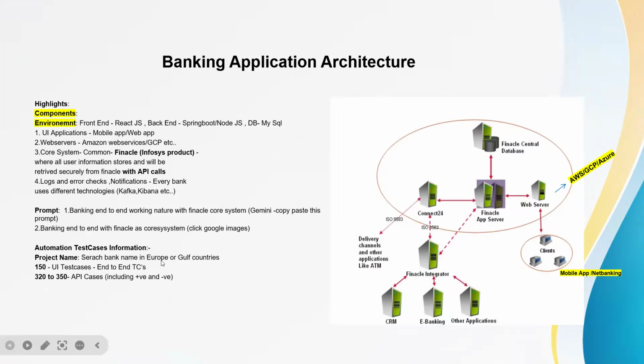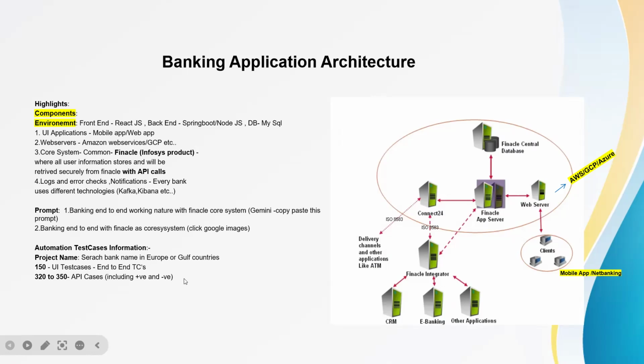Whenever we mention this automation information, for the project name, if you want to keep some banking name, just pick some unknown bank present in Europe or the Gulf countries, and say that I automated 150 UI end-to-end test cases and 350 API cases, including positive and negative cases.